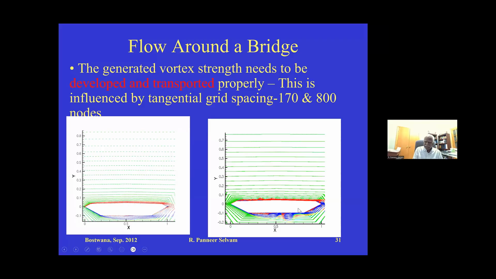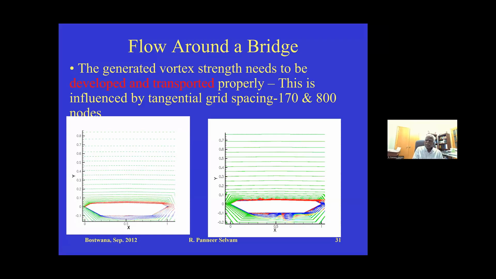When I increase to 800 grid points all around, you can see how the flow structure is. So not only the normal grid spacing, the tangential grid spacing also matters, because the normal can produce the vortex, but to properly transport it, you need proper grid spacing in the tangential direction also. So these are all things one has to pay attention to.